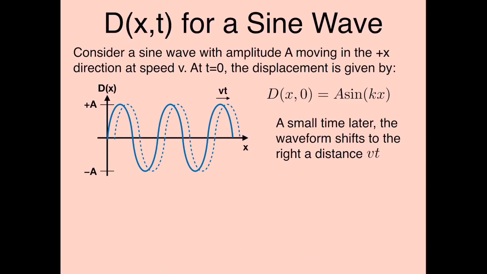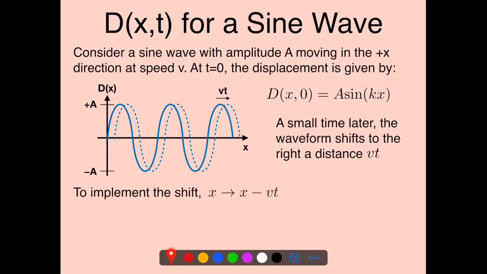Okay, cool. But how do we actually indicate mathematically that a curve has shifted over to the right? Well, this is exactly what the previous question was asking about, right? We're going to replace x with x minus vt. That's how we implement the shift. Again, if we want to shift it to the right, we need a negative sign here.